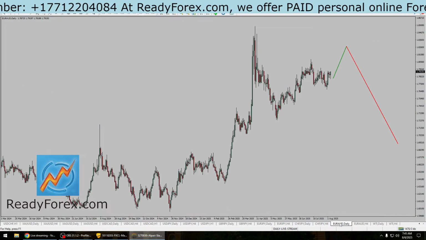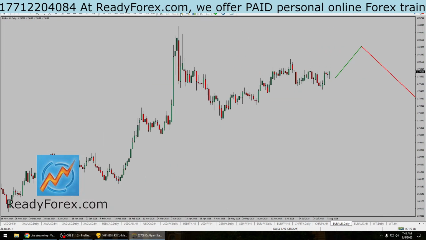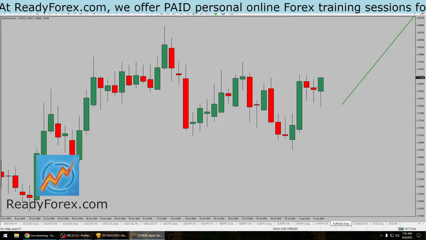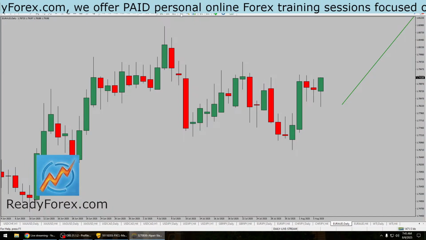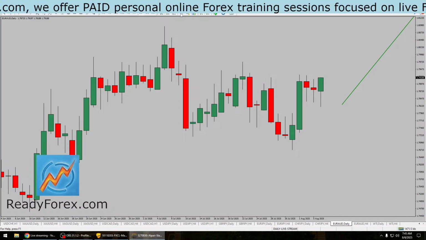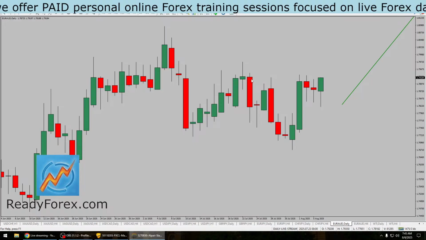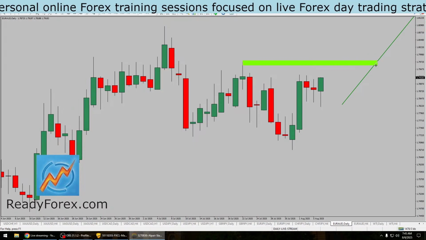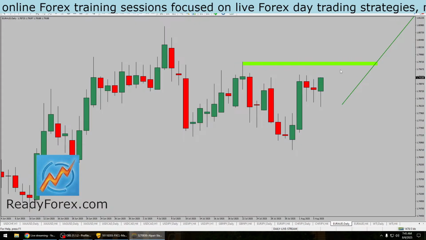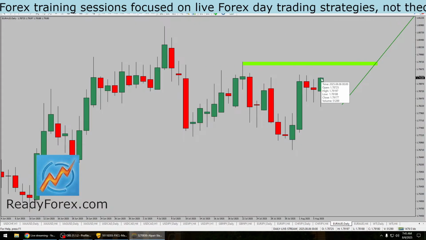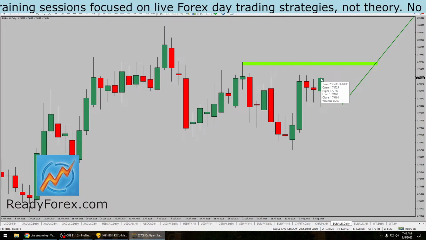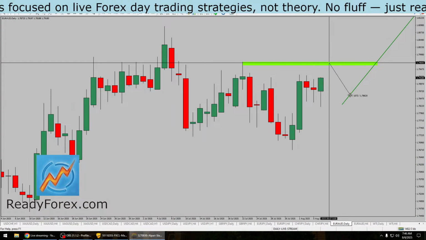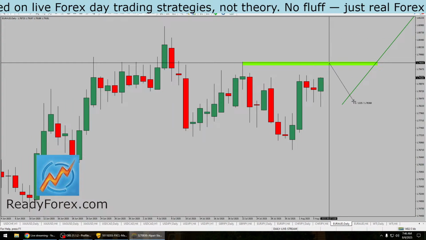Let's check out the daily chart again. Go back to the daily. This is the resistance area, the old swing high over here. So we need to be very careful if you are looking for some sort of a buy trade setup over here, because price action could hit this level and drops back down.